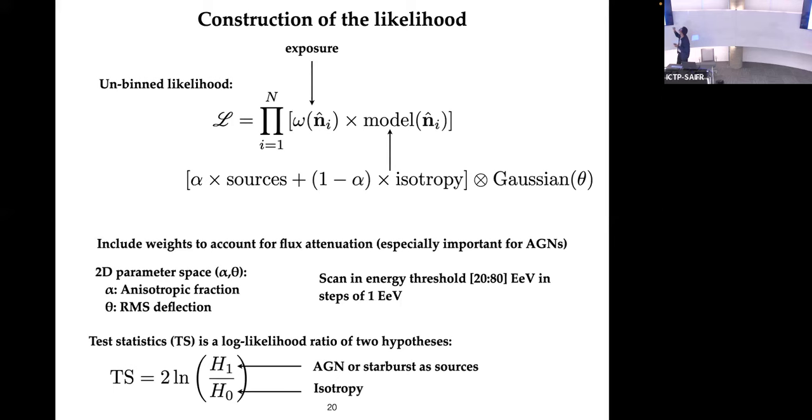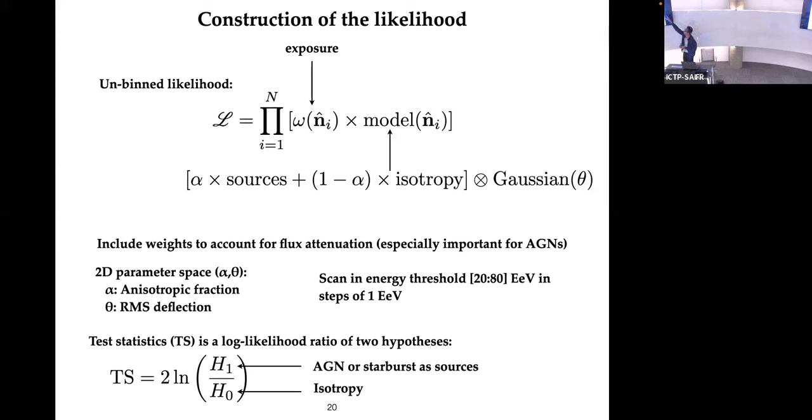And then there's the Gaussian smearing, because these are cosmic rays, they are charged particles. When they travel from the source to the Earth, they are deflected by magnetic fields on the way, extragalactic magnetic fields, galactic magnetic fields. So the direction is not exactly the one of the source, right? This is a big limitation for cosmic ray astronomy, because you don't have a one-to-one correlation between the arrival direction and the source direction, like with photons and neutrinos.